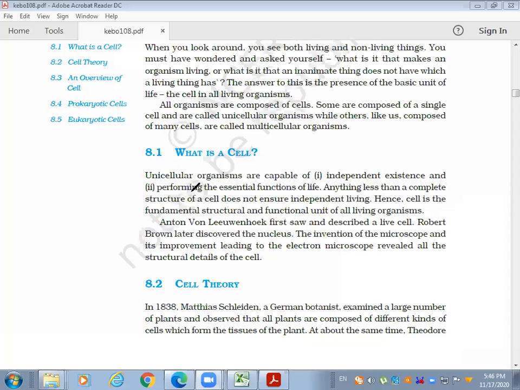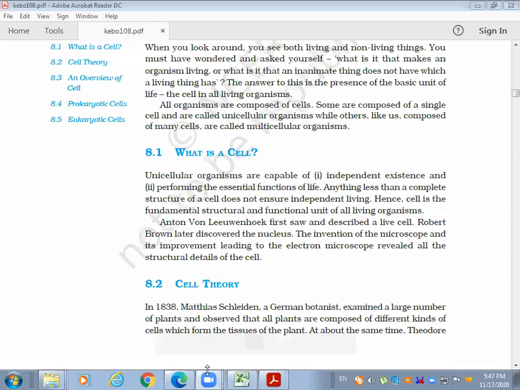Anton von Leeuwenhoek, the first scientist, described a live cell. Robert Brown later discovered the nucleus. The invention of the microscope and its improvement leading to the electron microscope revealed all the structural details of the cell.